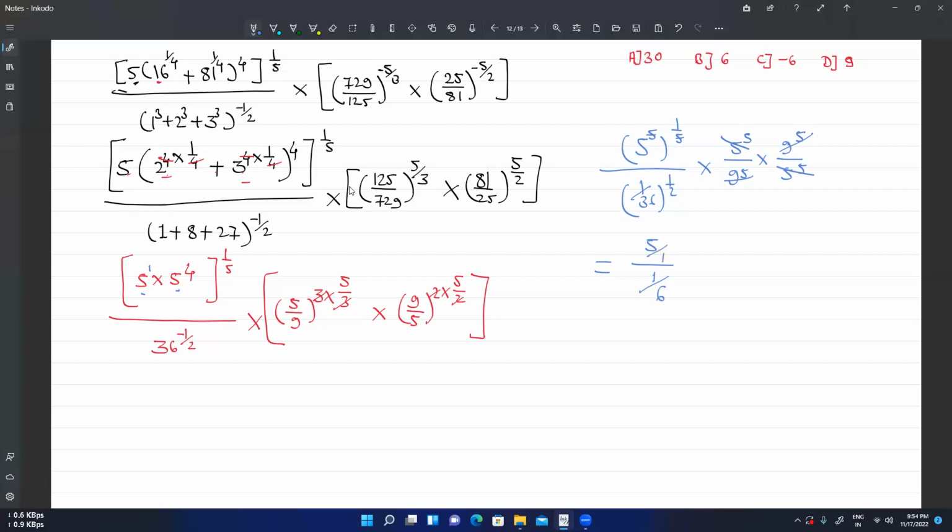So we have 5 upon 1 divided by 1 by 6, which can be written as 5 upon 1 times 6 upon 1, which returns the value 5 into 6, and the product of 5 and 6 is 30. So 30 is the final answer of this expression, which means option A is correct.